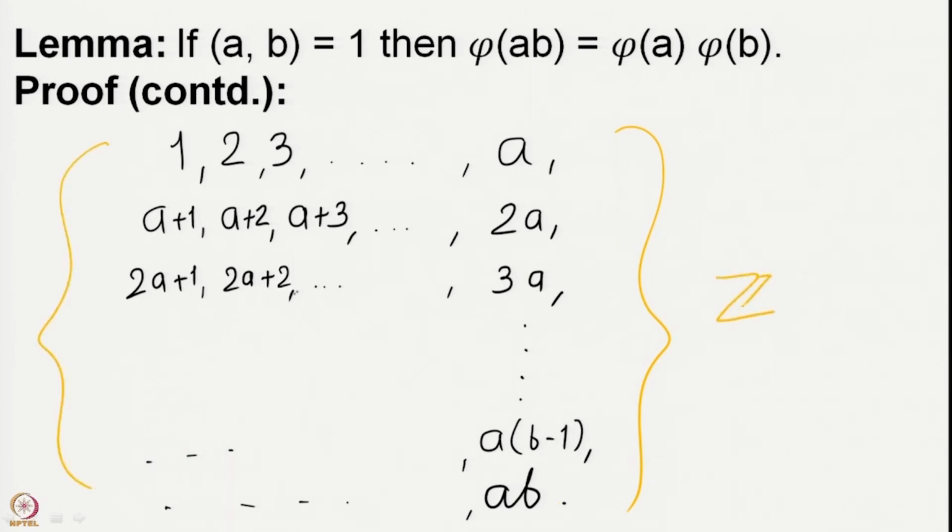So, you are actually looking at Z_AB, and here we are now going to find elements which are co-prime to AB.